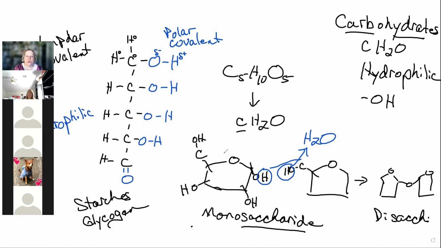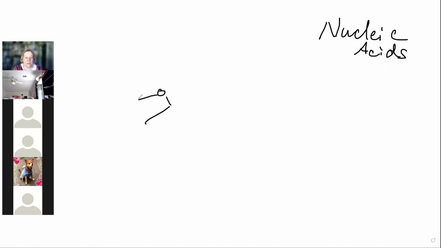Okay, tell you what, let's move on to nucleic acids. All right, so nucleic acids. I'm going to get my 5-carbon sugar here, and I'm going to draw it kind of skittywampus.